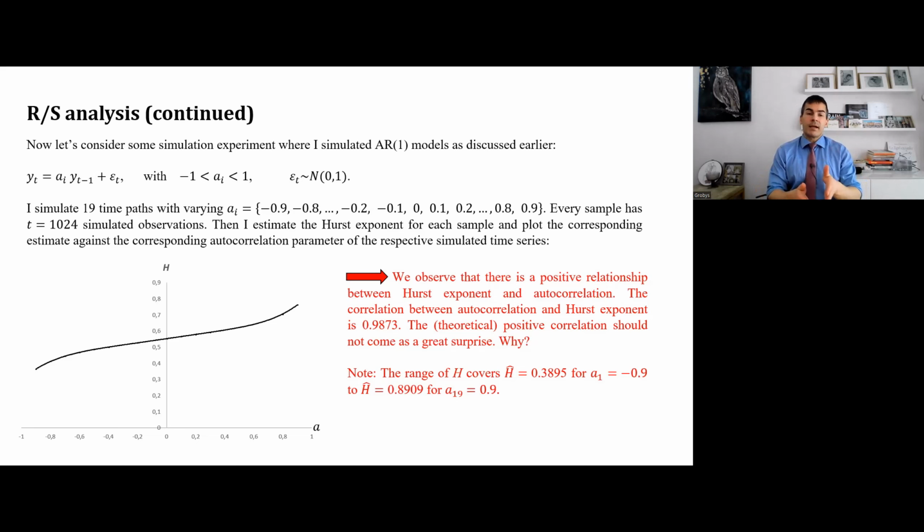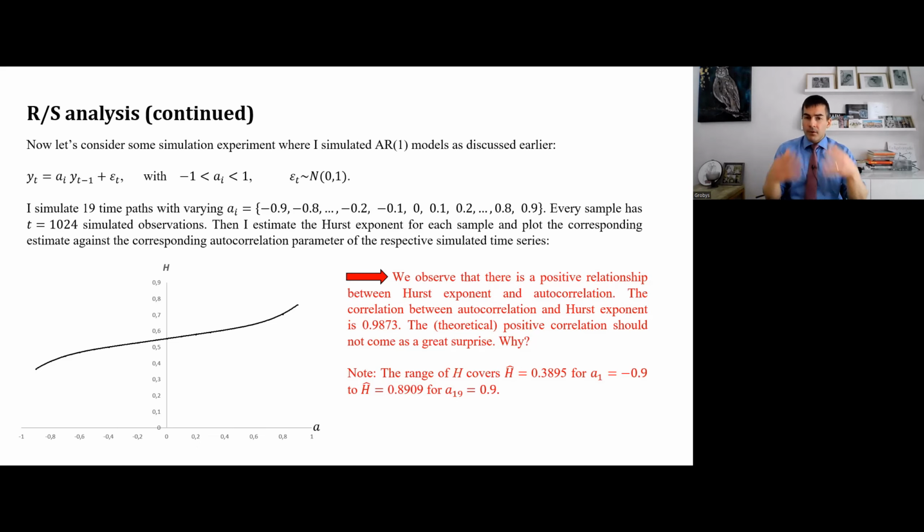Then I do the same all over again, but then I put the parameter a_1 equal to -0.8. Again, I simulate 1,024 observations of that data. And I do 19 different time paths here, from -0.9 in increments of 0.1 to 0.9.